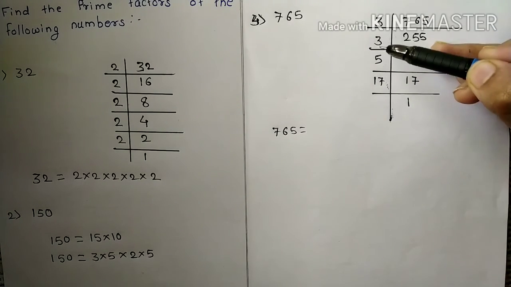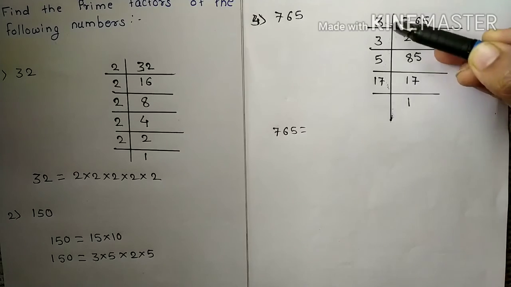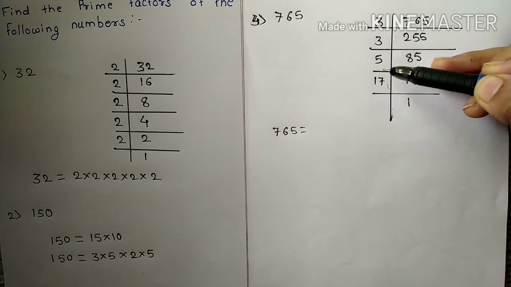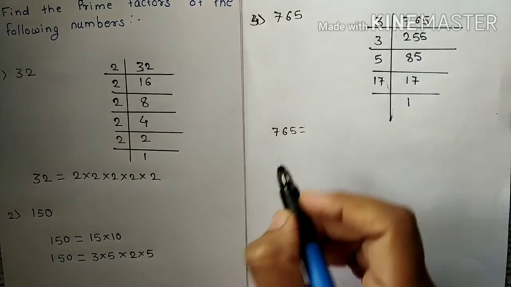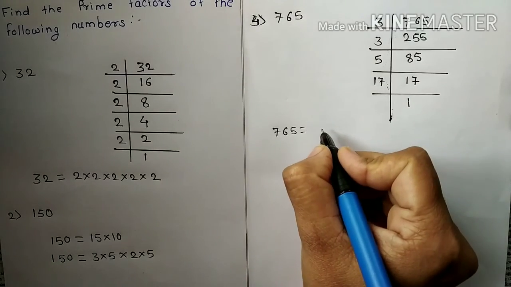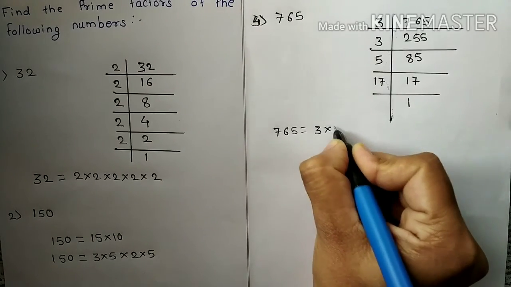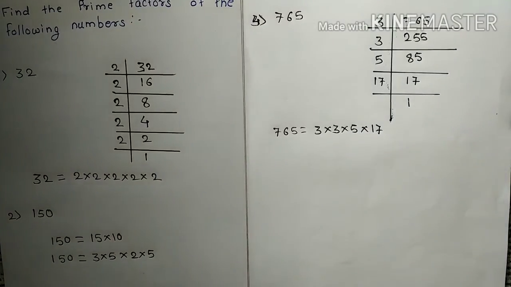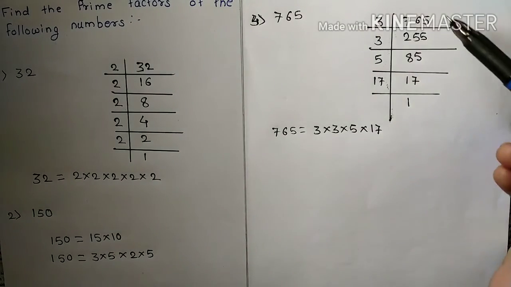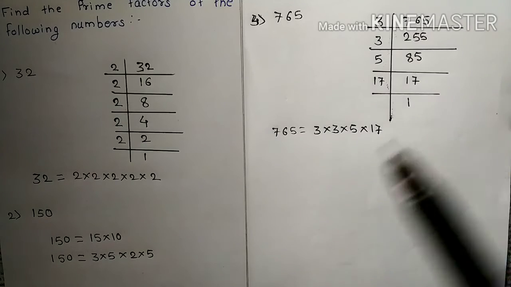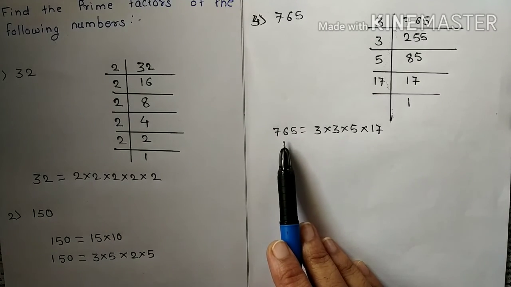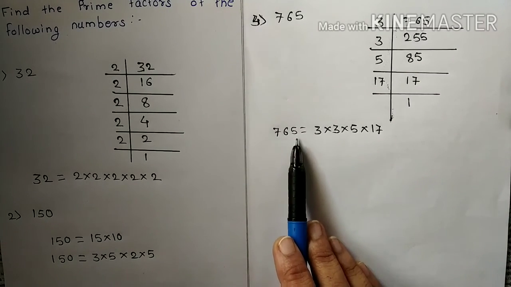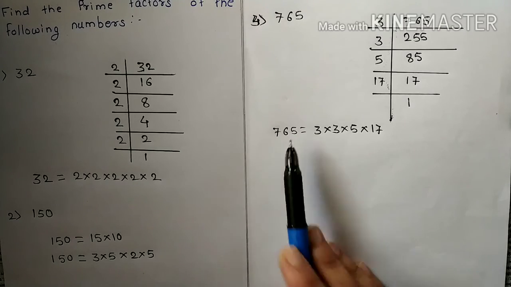See here, 3, 3, 5, 17 are prime numbers. Therefore prime factors of 765 are 3 into 3 into 5 into 17. So by using vertical arrangement, we can find prime factors of 765.